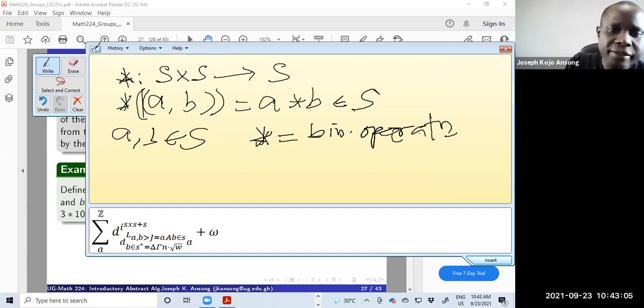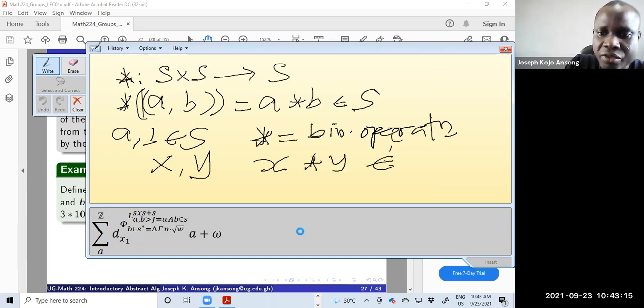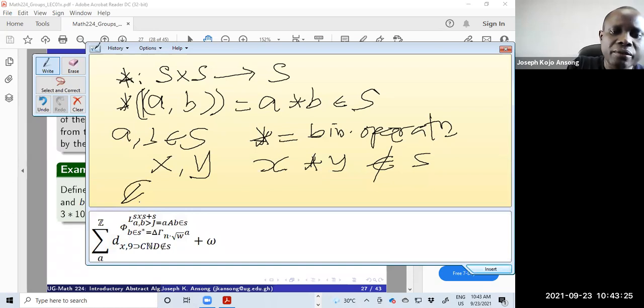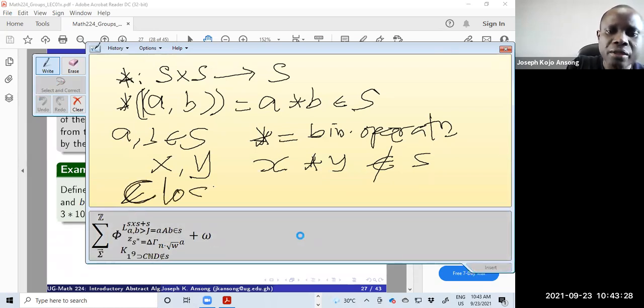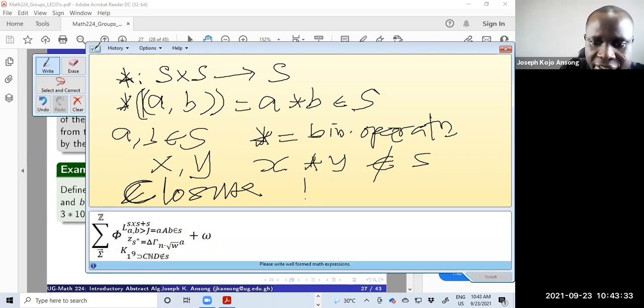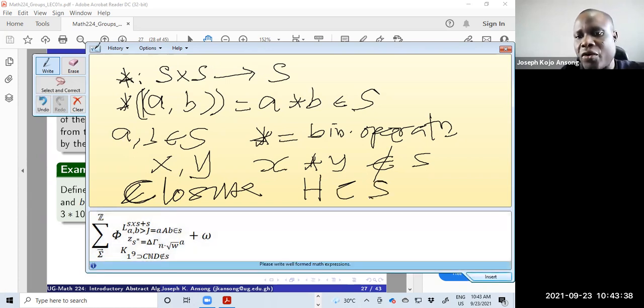If I take two elements in the set, let's say X and Y, and I do X star Y, and I get an answer which is not in the set S, then star is not a binary operation on S. That's what we learned. And then we learned the concept of closure, or what it means for a subset. If I have a set S and I take a subset H of S, what does it mean for this subset to be closed under the operation star?